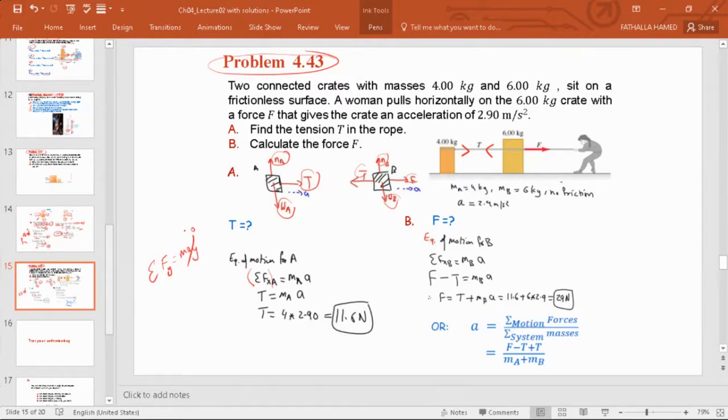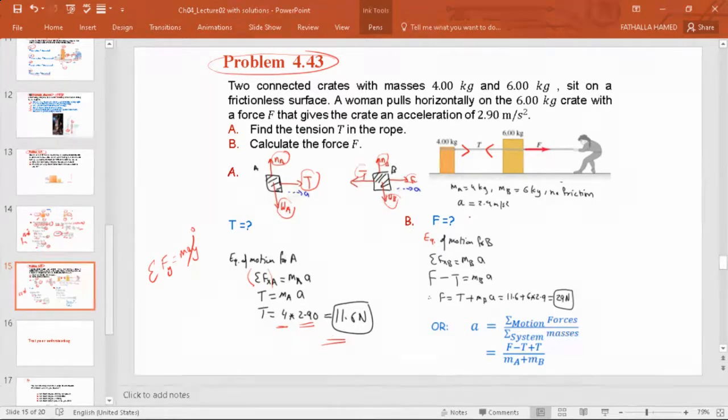Maybe later in chapter number 5, as I told you, when we look at friction, we have to include the Y component in order to calculate the normal force, which we will use in calculating friction. Now, the only force that you have along the x-axis is the tension. So tension here will equal M A a. You're given the acceleration, which is 2.9. Mass A is 4, and that will give you 11.6 newtons.